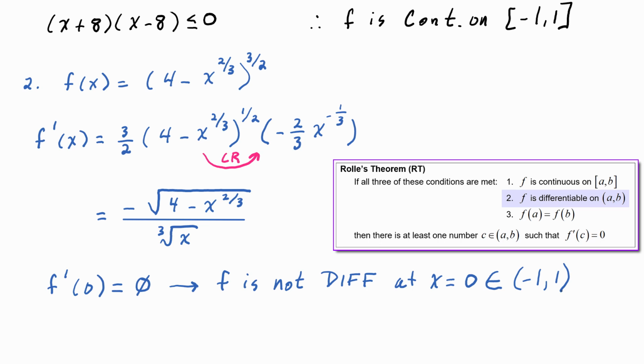So that means this function fails at step 2, so therefore Rolle's theorem does not apply. So because f was not differentiable at every single x value in the interval, we're not allowed to use Rolle's theorem, and it does not apply.